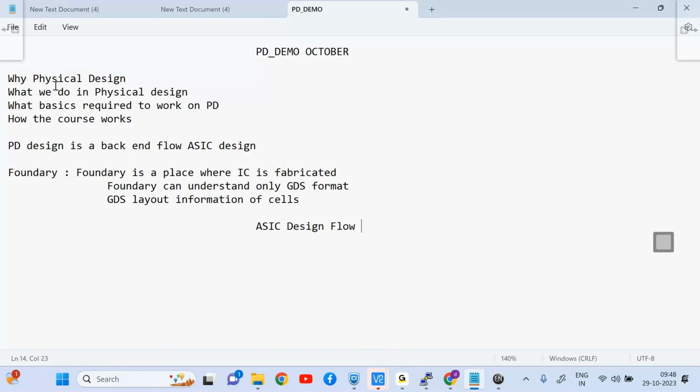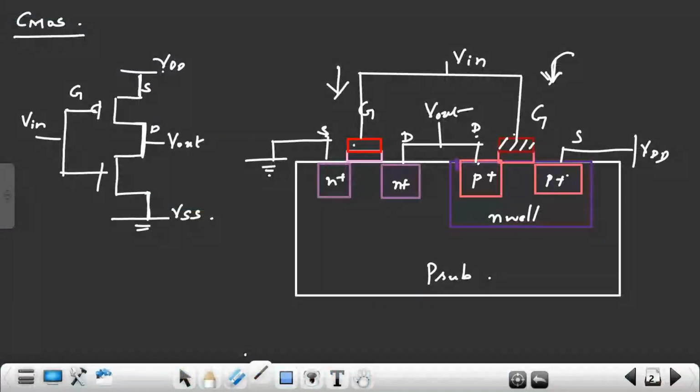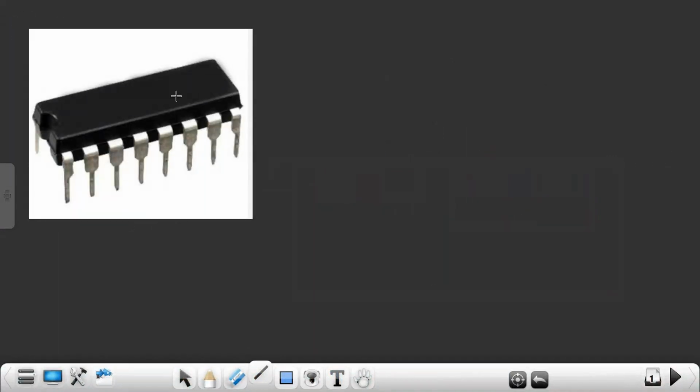Why we go for physical design. The ultimate step of all the design is that last you create the GDS file. GDS has layout information of cells and connection between cells, and you give this layout information to the foundry. The foundry will manufacture the IC for you.